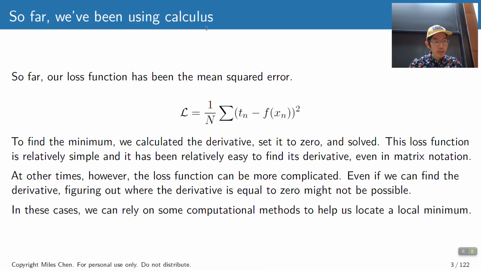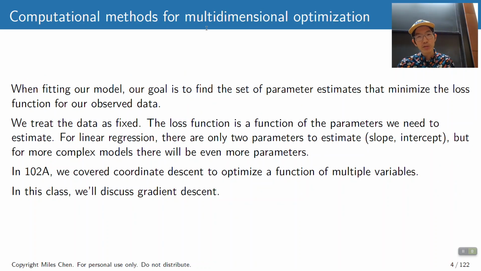And so in situations like that, we can use computational methods, and the computational methods will help us arrive at the local minimum. So that part where we said, okay, we'll set it equal to 0 and solve, that was easy for the examples we've seen so far. But in the future, that part, okay, here's your gradient, we'll set it equal to 0 and solve, that part can actually get really, really tough, okay?